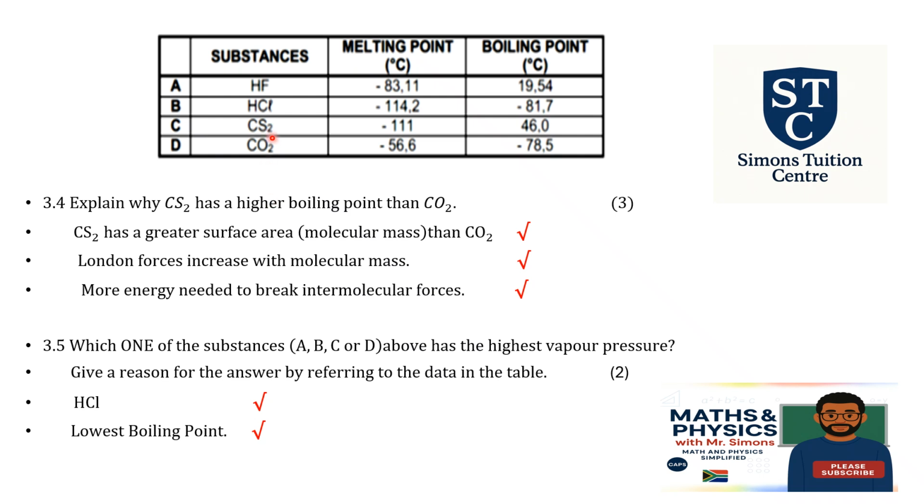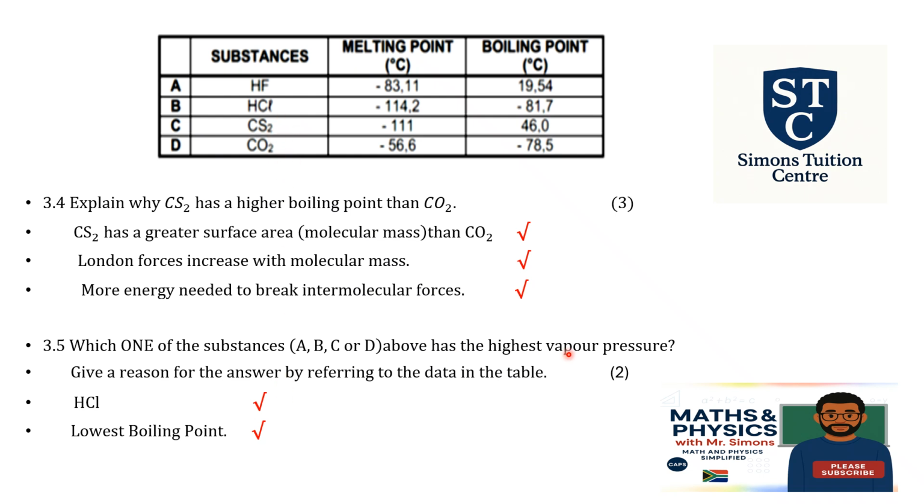Remember, they increase in size as we go down. So the London forces increase with molecular mass. More energy is needed to break the intermolecular forces in CS2 than CO2. Right, so I hope that makes sense. Sulfur has a bigger molecular mass than oxygen. London forces increase, more energy needed to break them.